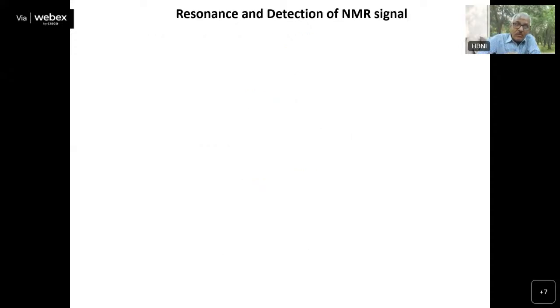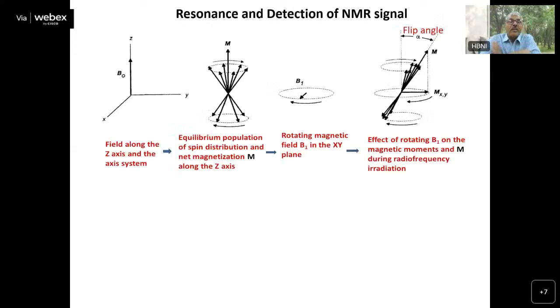So, yesterday I discussed the resonance and detection of the NMR signal using a quantum mechanics method as well as the classical mechanics model.